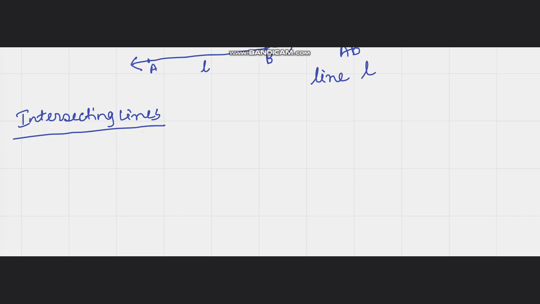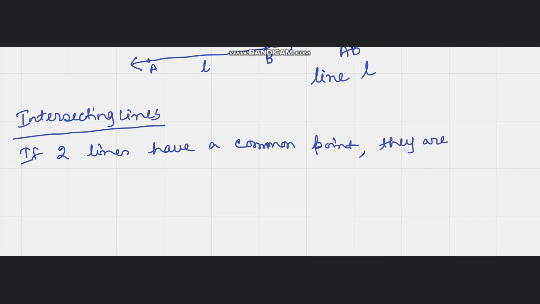So if two lines have a common point, they are called intersecting lines.